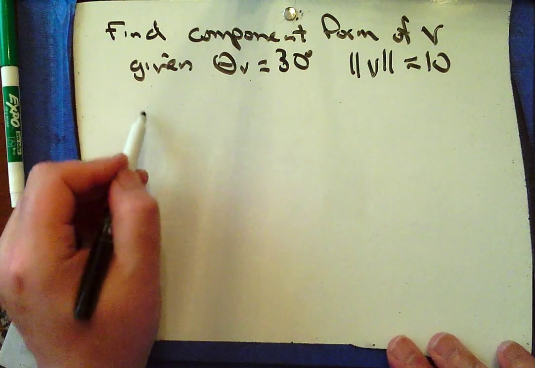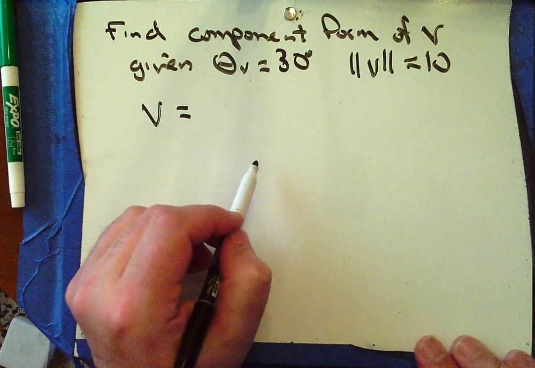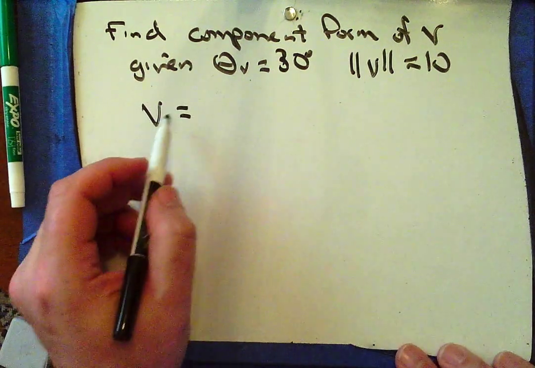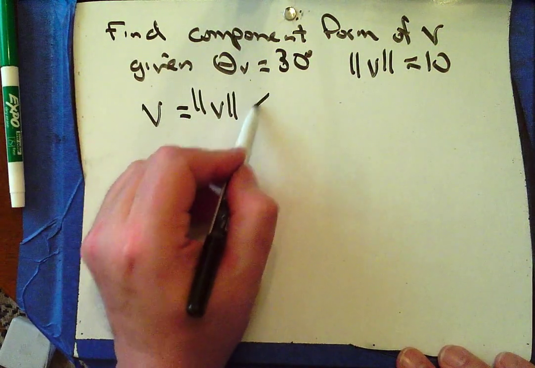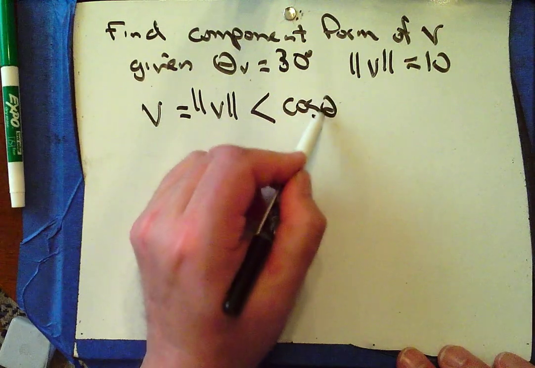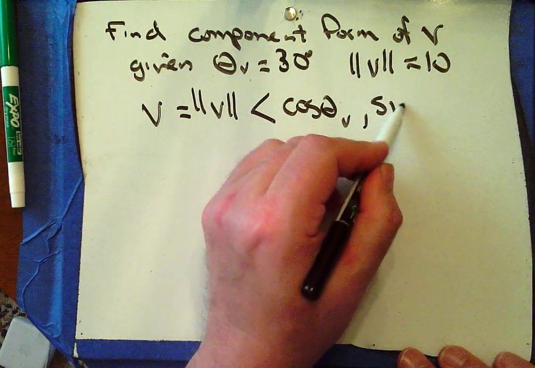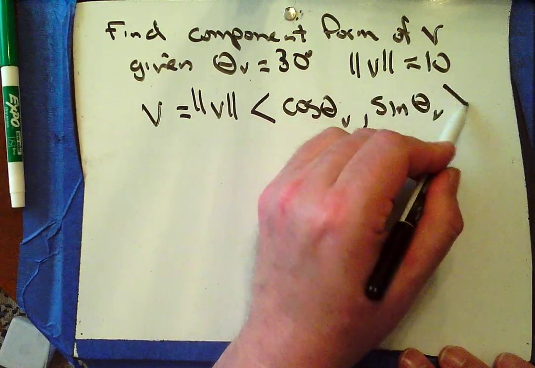Well, we have this convenient recipe for v that I mentioned a few minutes ago, which was that v is the magnitude of v times cosine theta v, comma, sine theta v.